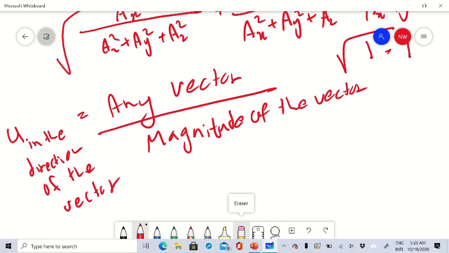So we use U to represent the unit vector, right?